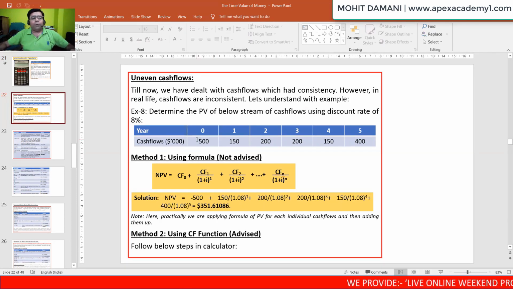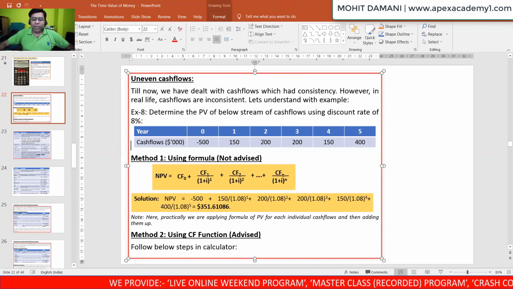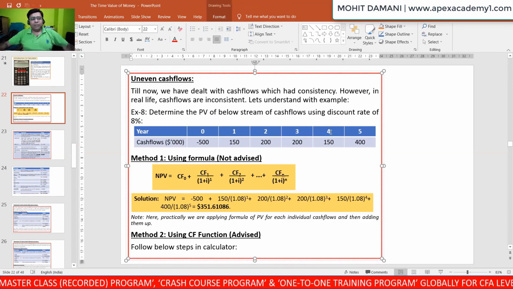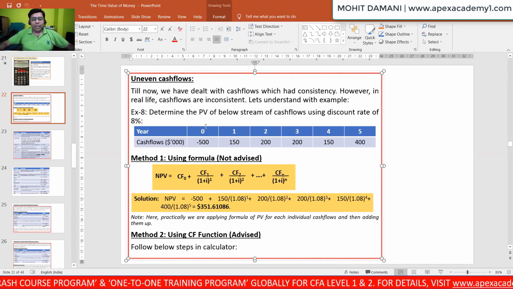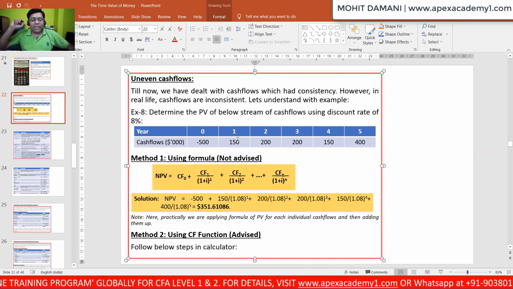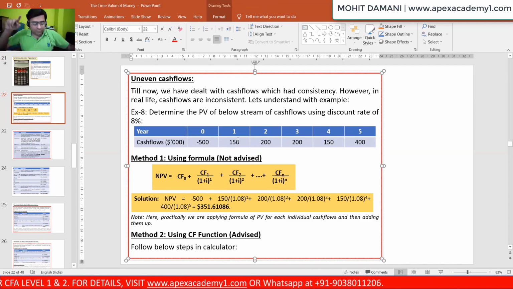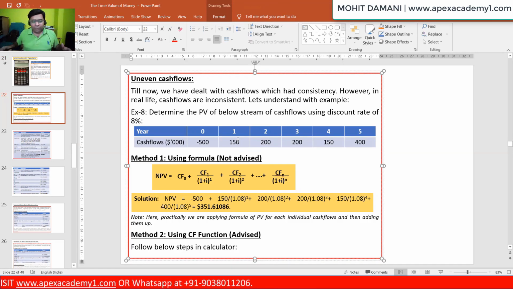But what if there is no tone, no rhythm? 500, 150, 200, 200, 150, 400. There is no consistency. And suppose I want to do a PV of these cash flows, then what will I do? In that case, the cash flow function will come into the picture.